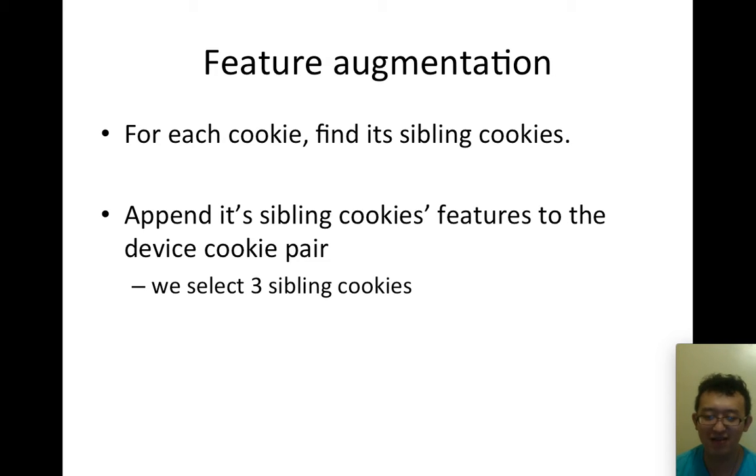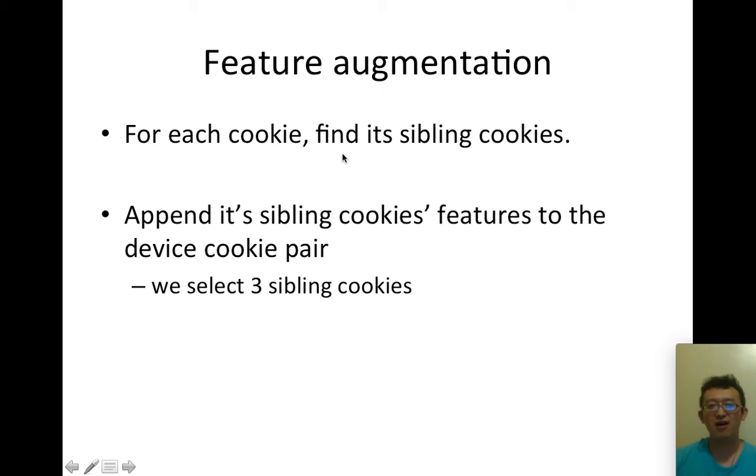the same device. So here we define the so-called sibling cookies, which simply means if cookie 1 is a candidate cookie of device 1 and cookie 2 is also a candidate cookie of device 1, cookie 1 and cookie 2 are sibling cookies.